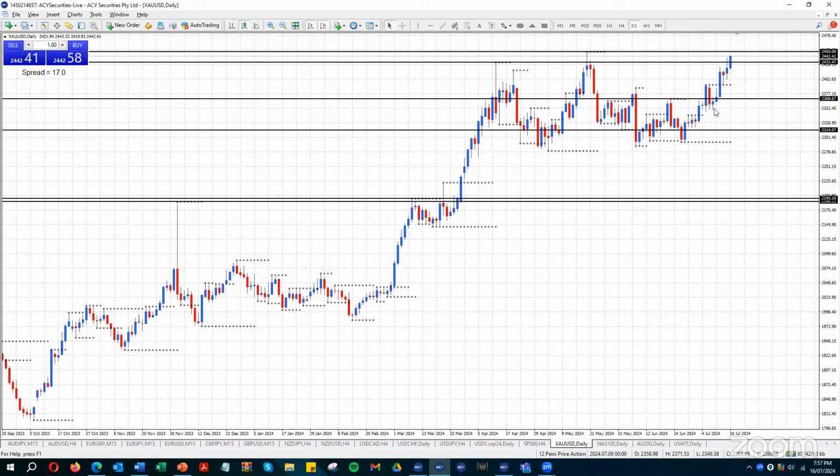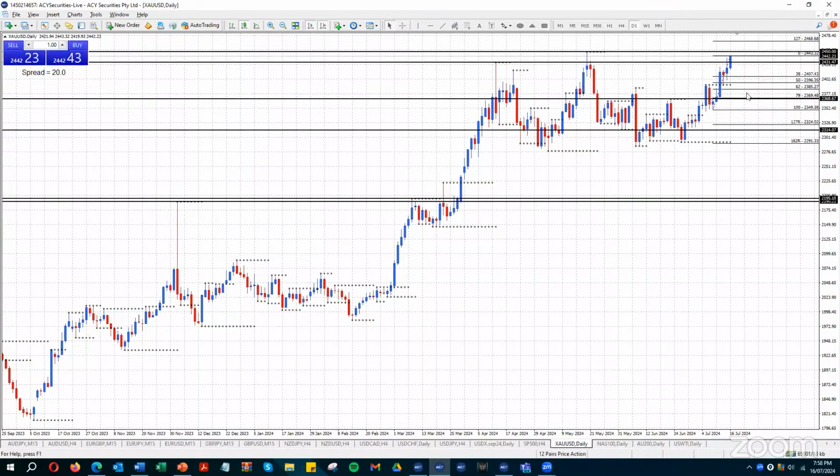There's an intermediary low here on the daily chart. I'd much prefer to see this come back within this range. So if you're looking for price to come down and get support at the 62.79% area, maybe an area of support here at 23.68, if you're buying down here, you're not buying so close to resistance where price can fail.